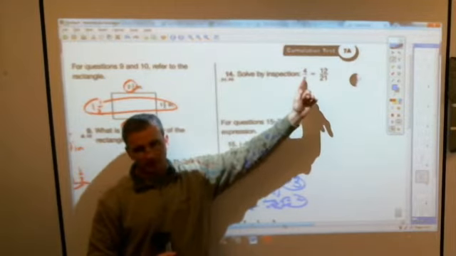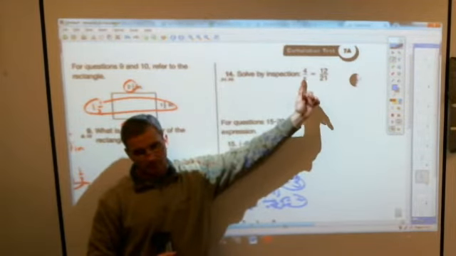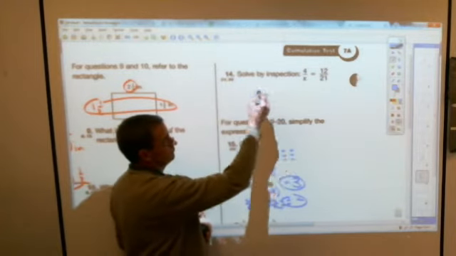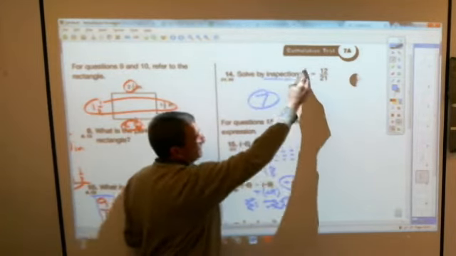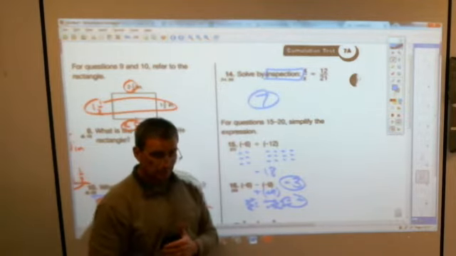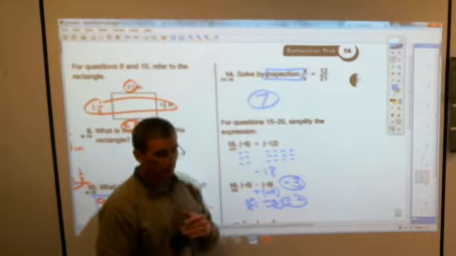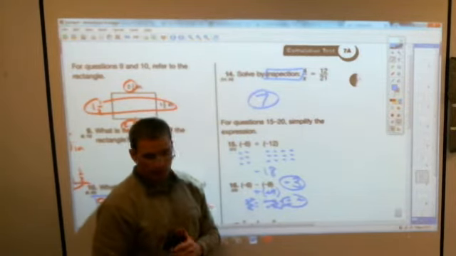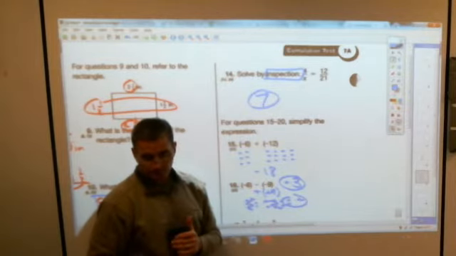So 21 divided by 3 is 7. There's a reason, but inspection just means you should be able to kind of look at it and see. It should be kind of a mental sort of thing. Eventually we'll get to where we solve that inequation thing.